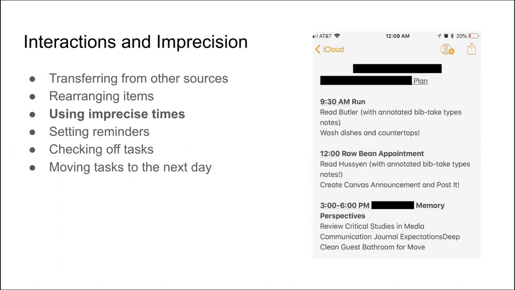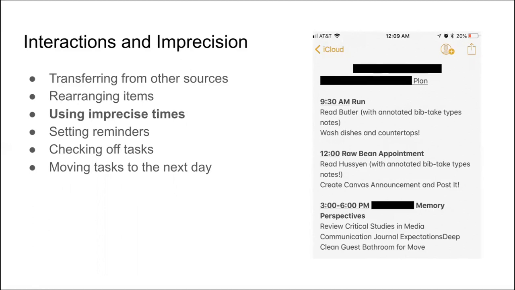Because of the unstructured nature of the application, this interaction is obvious and easy to perform, yet it's actually difficult to reproduce in something like a digital calendar or even our initial design, because tasks must have an assigned time to appear in a relative position with other items in these tools. This participant didn't need to know exactly what time they would wash the dishes and countertops, just that it needed to happen between 9:30 and 12.